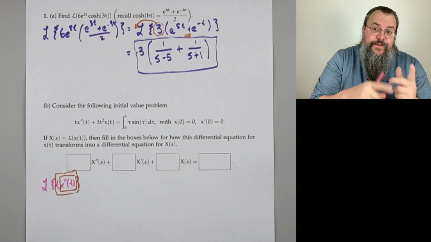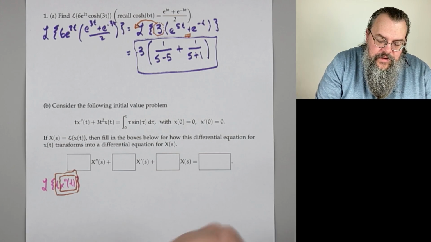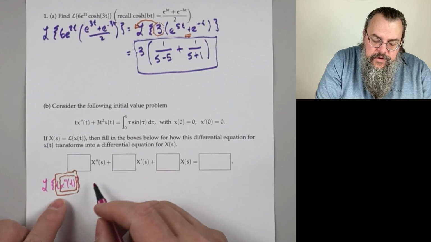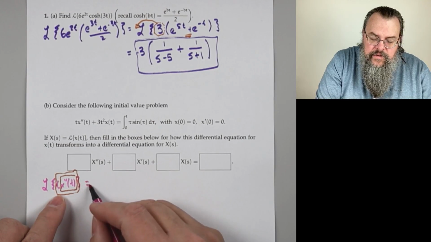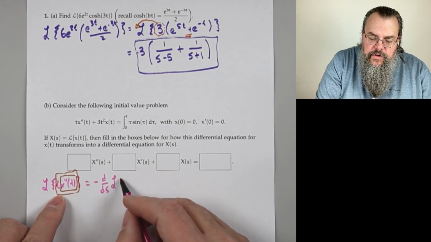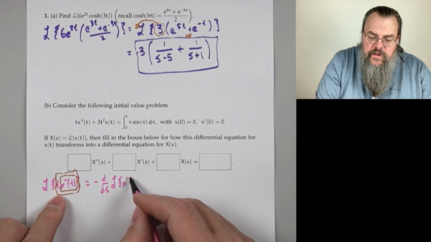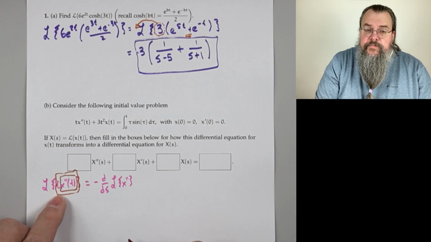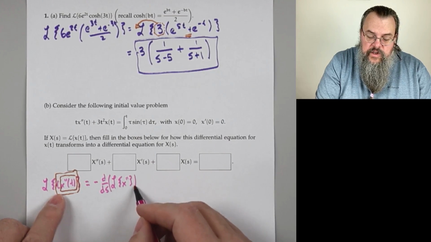Yes, there's a rule. So we could say that multiplying by t says to do the following. It takes minus the derivative of what you would do if you just took the Laplace transform of x double prime. So that's the t layer.